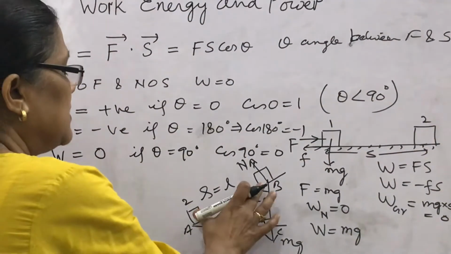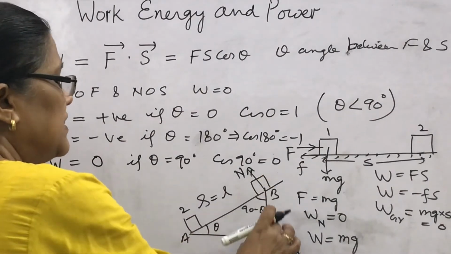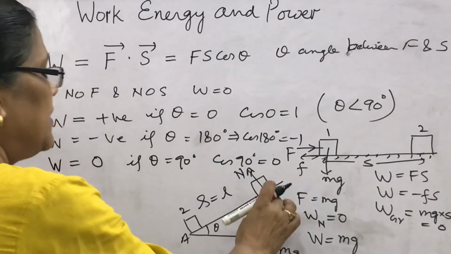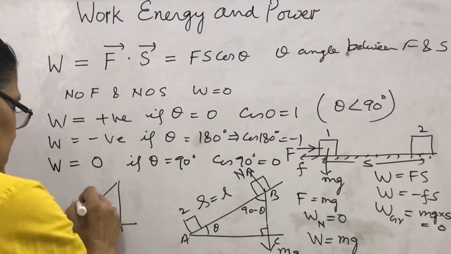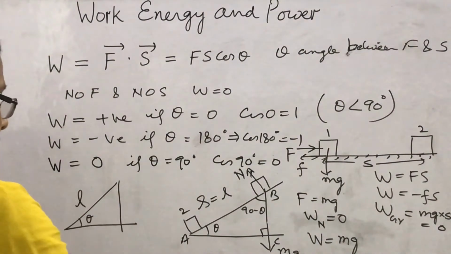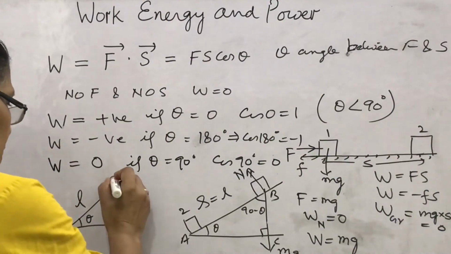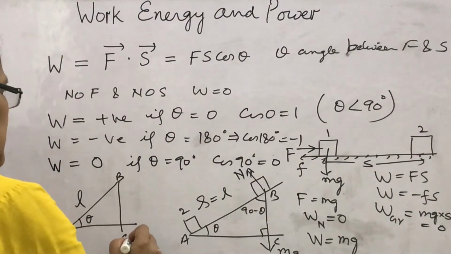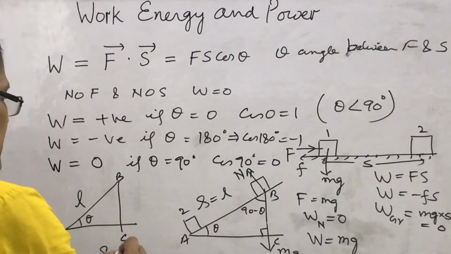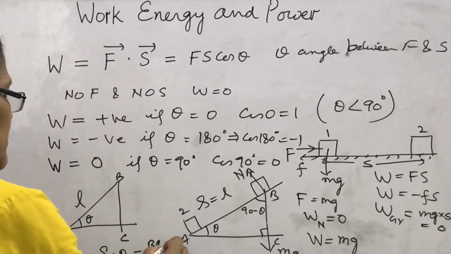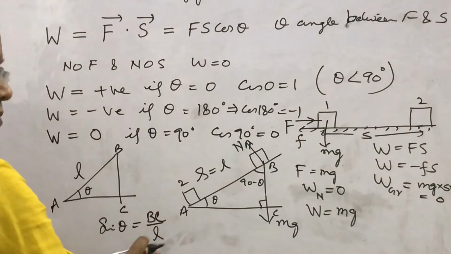Look here, this is L, and in this direction what will be the value? Look in this triangle, if this is L, this is theta, this is A, B, C. What will be BC? If you write here, sin theta will be BC upon L. Then what will be BC?